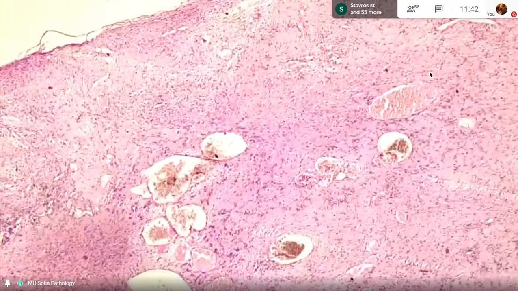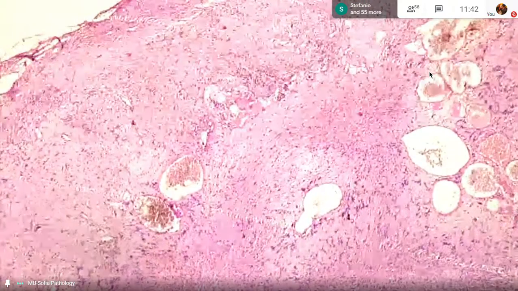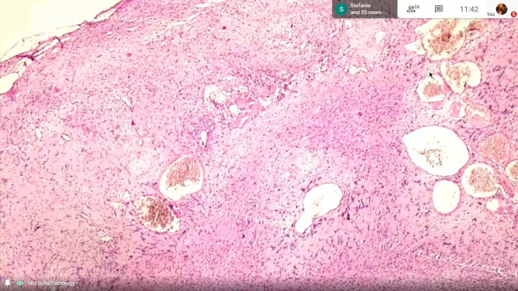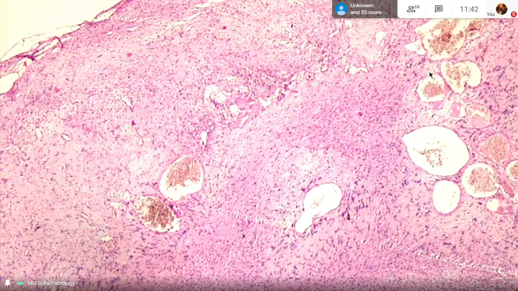Within the skull, this nevrinoma usually is located in the pontocerebral angle. It is the 8th cranial nerve.